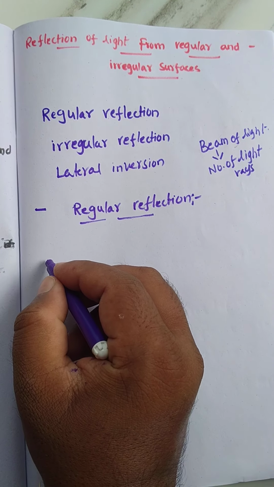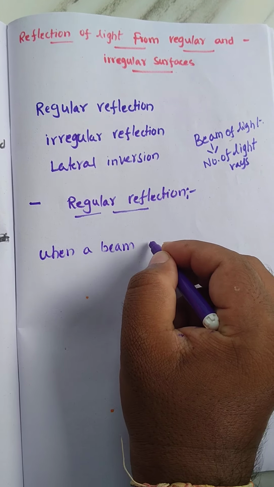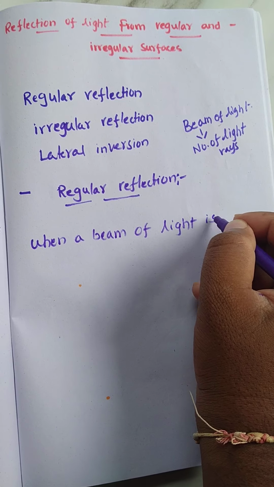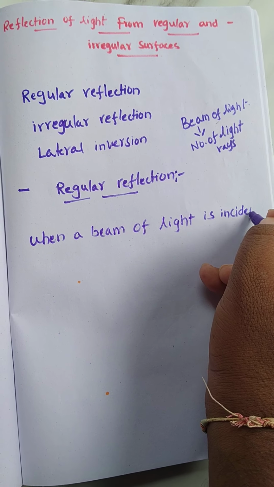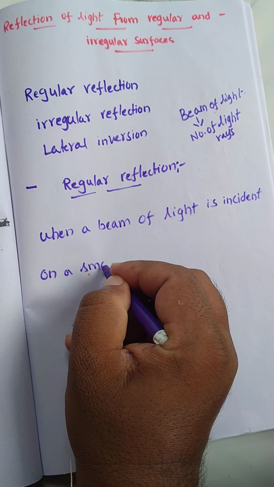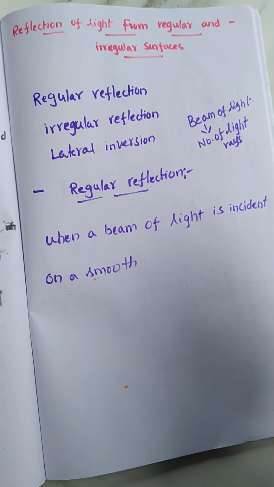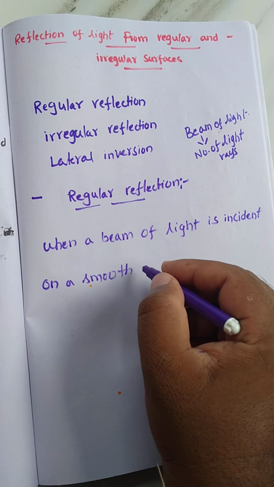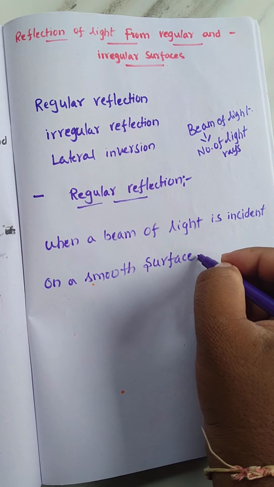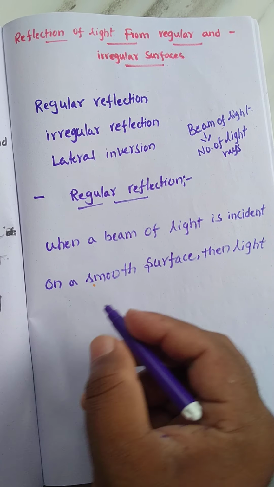So when a beam of light is incident on a smooth surface, whatever the surface, what happens? The light rays are reflected.